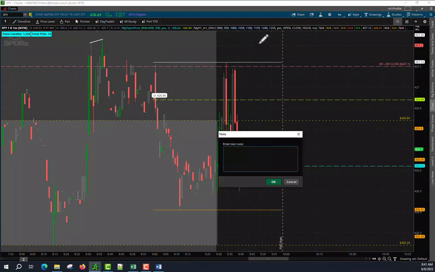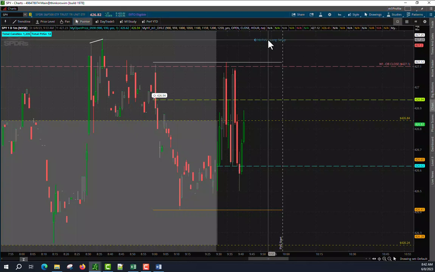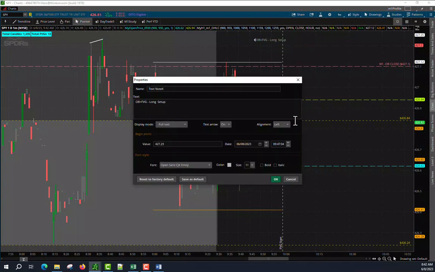This can be order block, fair value gap, long setup, top right there.